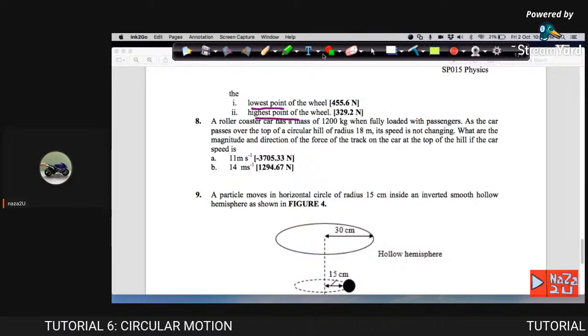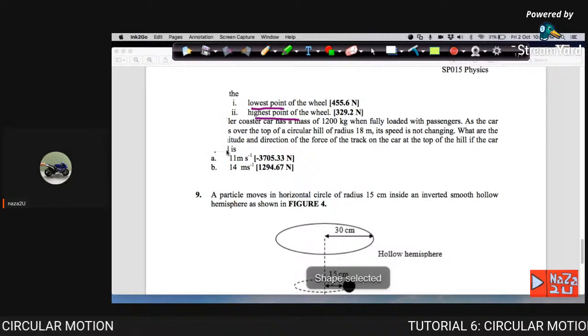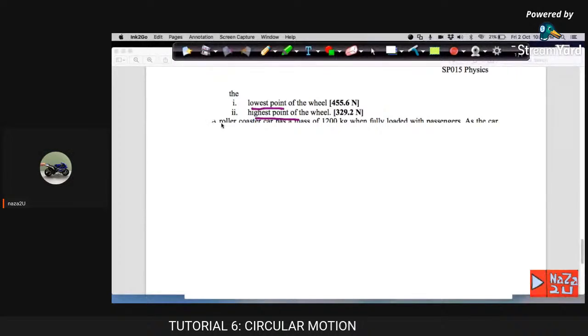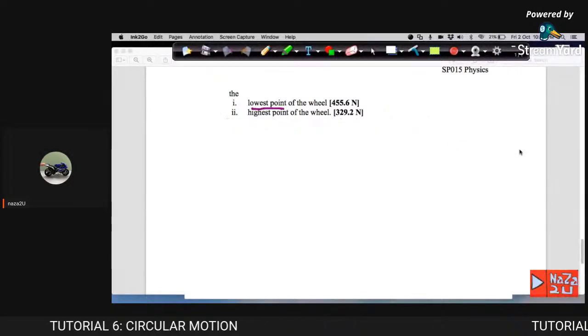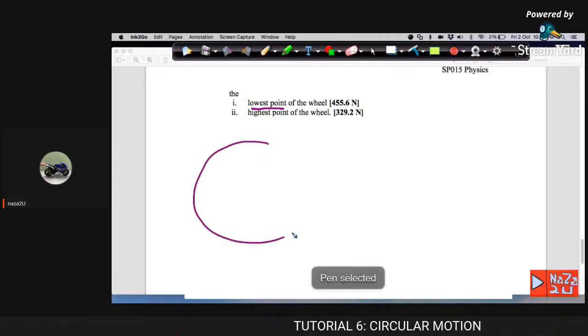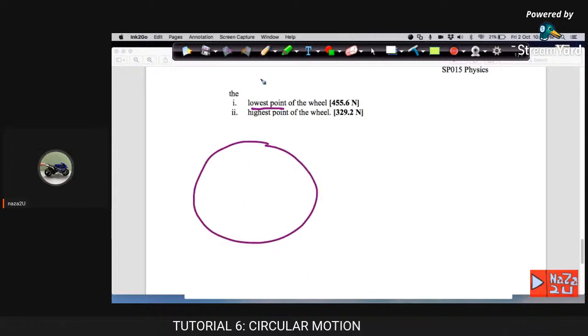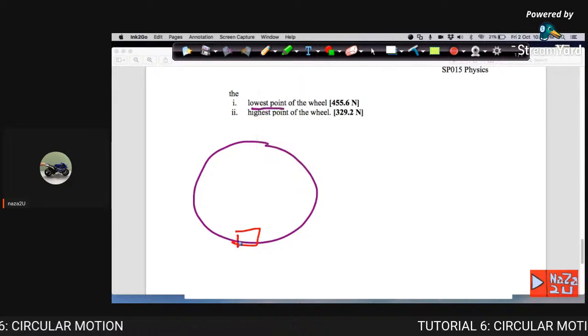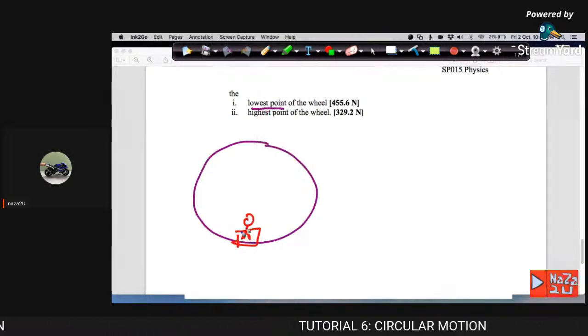Okay, so at the lowest point, I will erase so that we have space here. At the lowest point here, the Ferris wheel rotates.